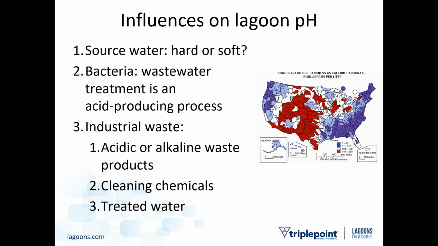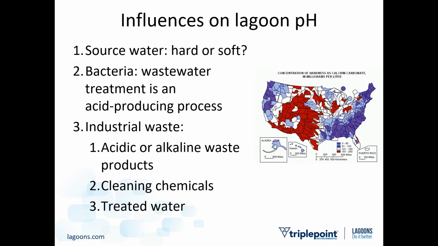In addition to their normal process, they may use a wide variety of cleaning chemicals. Another example from food processing is if you're cleaning off a greasy oil tank type surface, usually they use very basic cleaners to get those fats off. The opposite is if you're trying to clean up calcium scale or a product like that, you're going to use a very acidic product. So those can cause big pH swings.